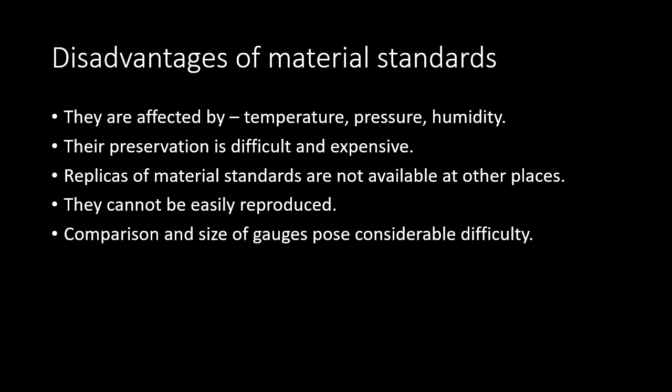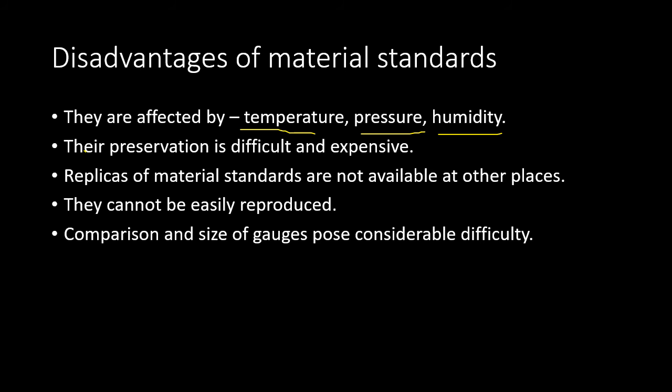So these are the disadvantages of material standards, as they are in the form of a physical object. They are affected by the surrounding temperature, pressure and humidity. As you might be aware of the coefficient of thermal expansion, with the change in temperature the metals change their length.